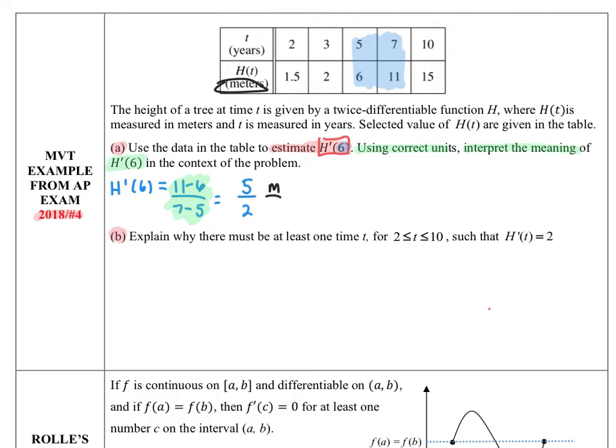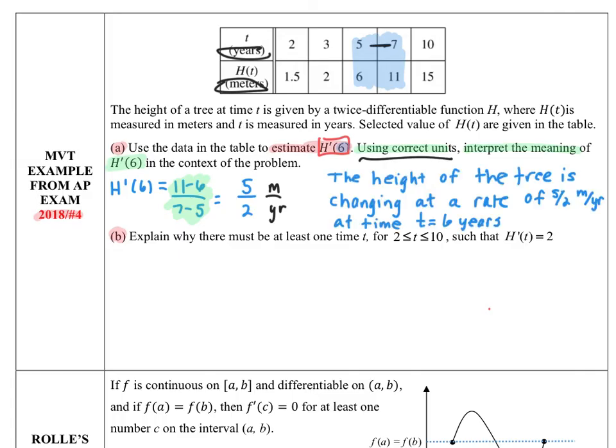And the 7 minus 5, the units on those numbers were years, so it's just meters per year that would be the appropriate unit that I would use. So my interpretation would say the height of the tree is changing at a rate of 5/2 meters per year at time t equals 6.